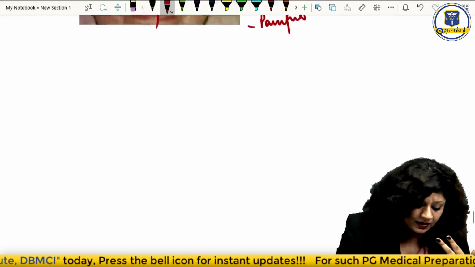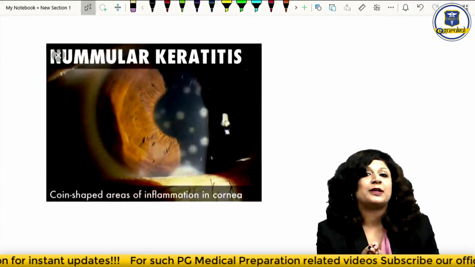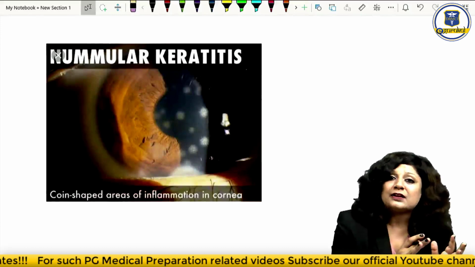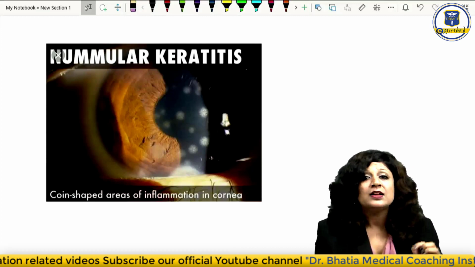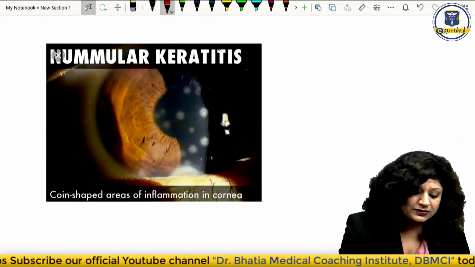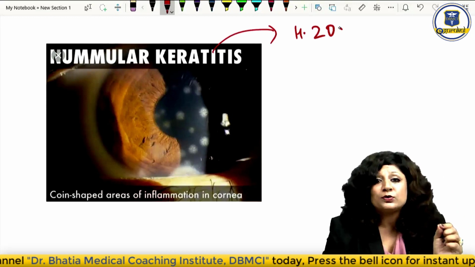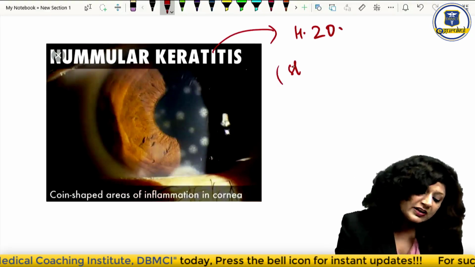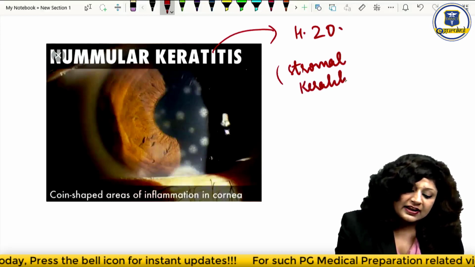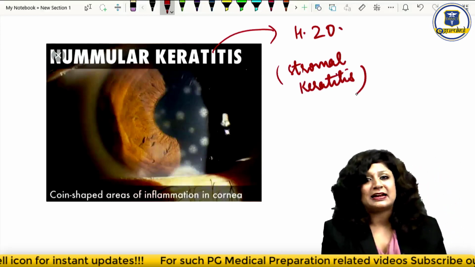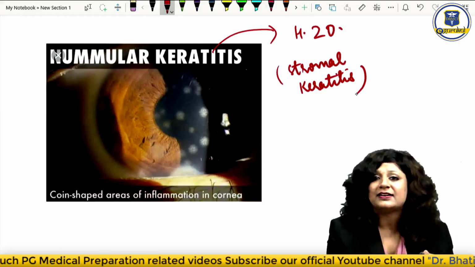Alright. Now another important thing is the typical feature of herpes zoster. While the typical feature of herpes simplex was the dendritic ulcer, the typical one found in herpes zoster is the nummular keratitis. Nummular keratitis is actually the stromal keratitis, while the dendritic keratitis was the epithelial keratitis. Always remember, the dendritic keratitis is the epithelial keratitis.